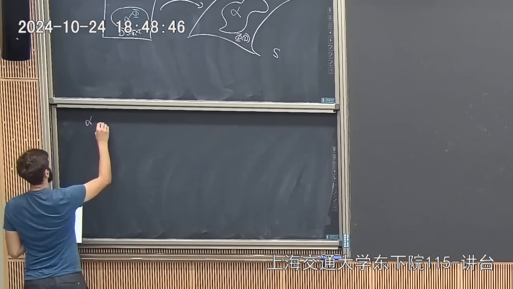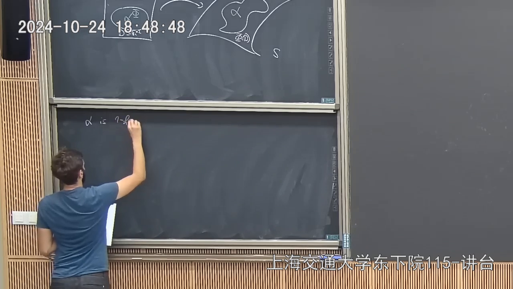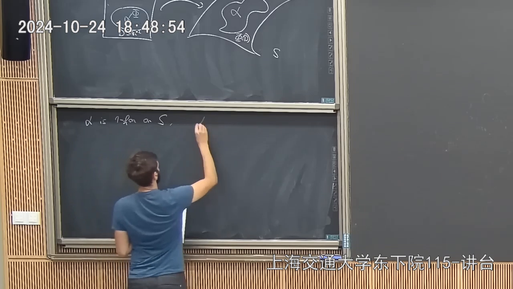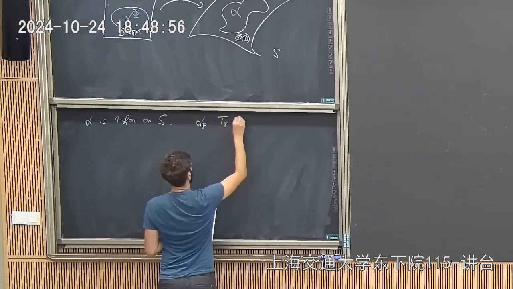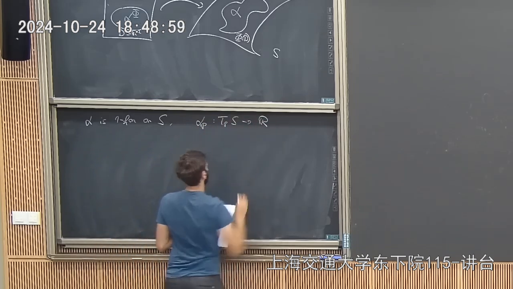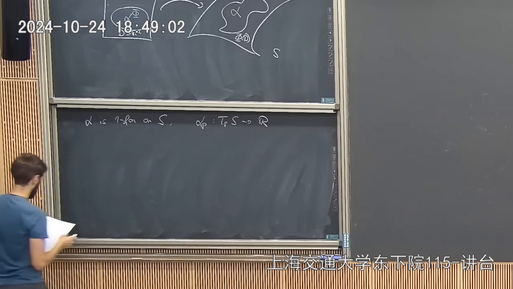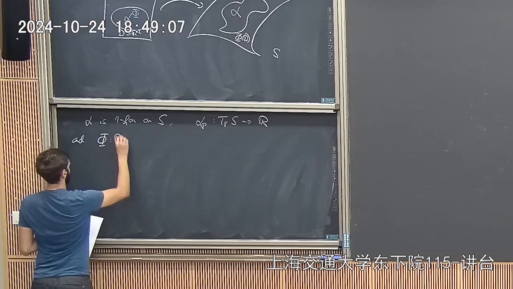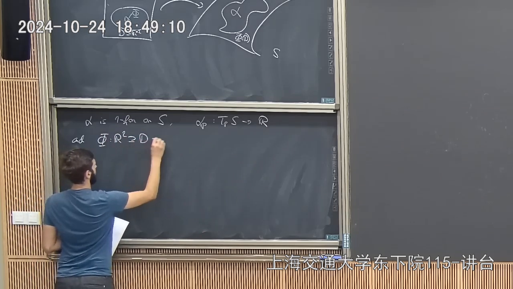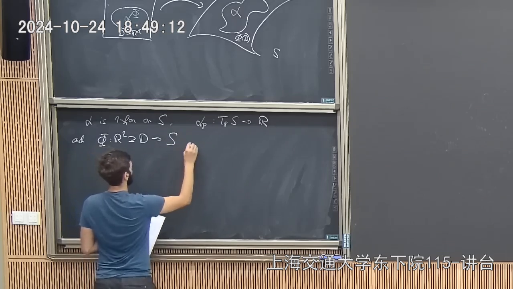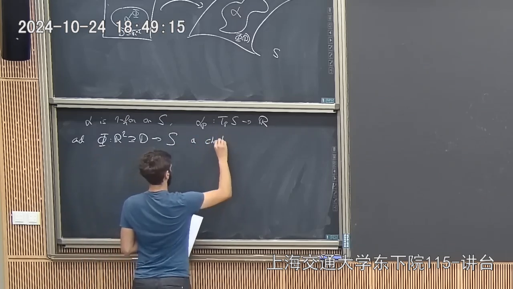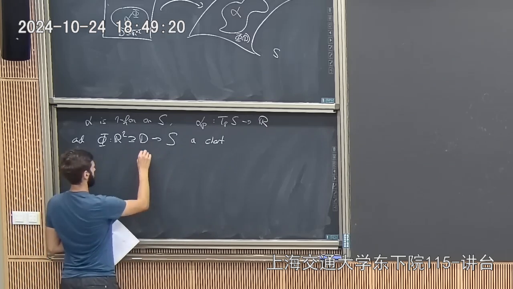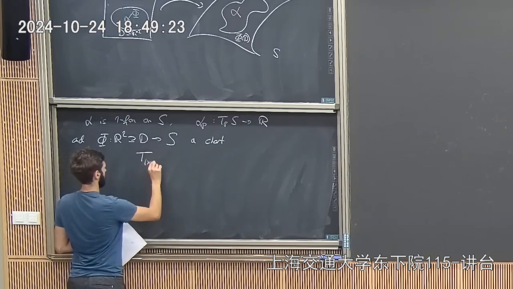Say that alpha is a one form on S. That means that alpha p gives us something like this. And phi is a chart on S. And last time we discussed that once you have a chart, we get a certain map, which is the linearization of that map.